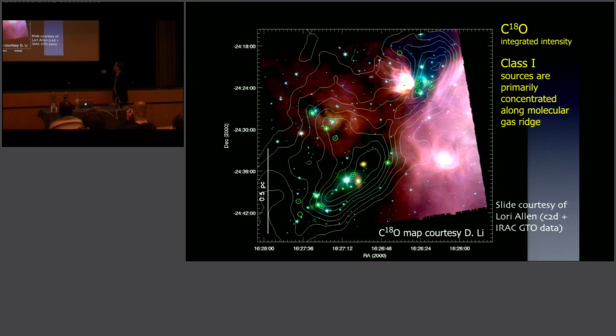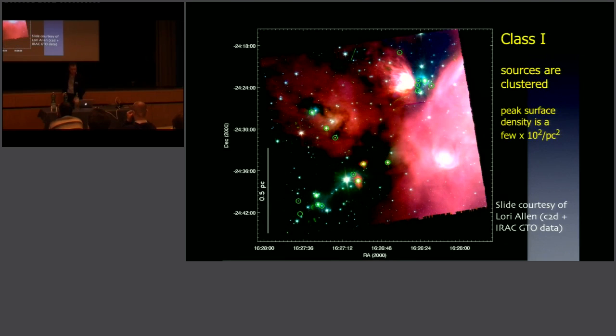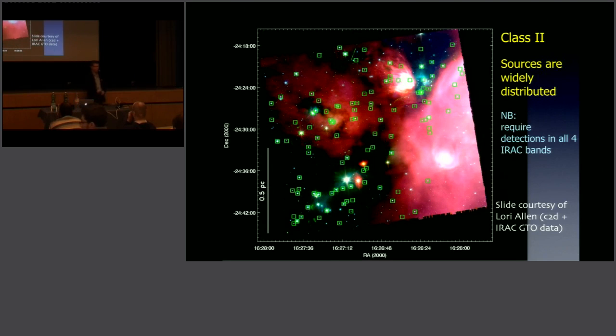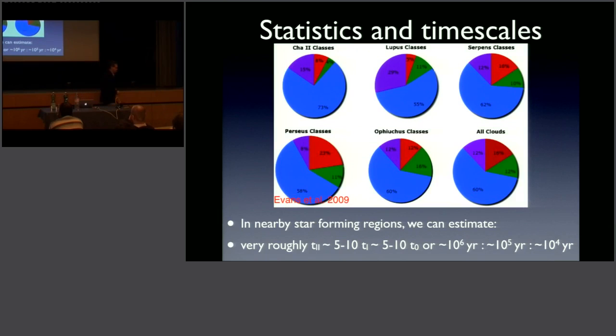And you see that they are concentrated on the high density peak, a little bit clustered, while if you look at the ones with disks, they are a little bit more distributed. Those that don't have the envelope anymore, just have the disk, are more distributed across the star-forming region, which is also telling you, by the way, that it is a slightly older population that has had time to move around.